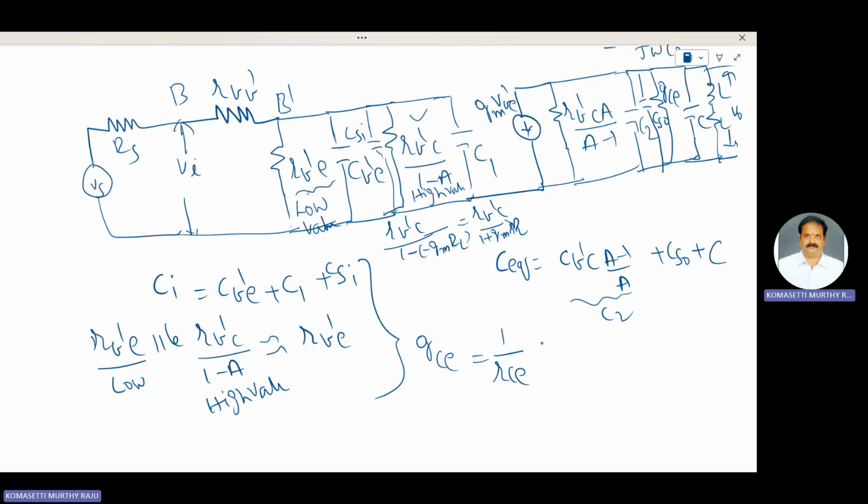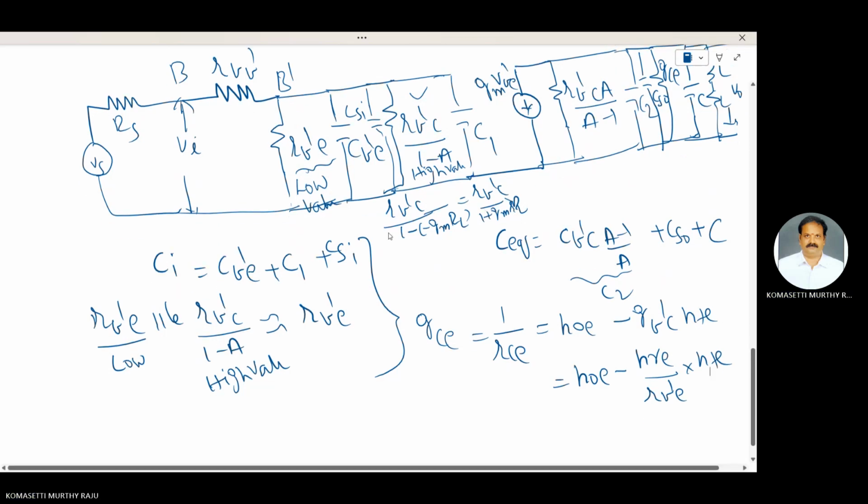We know that generally the formula is HOE minus GB'C HFE. HOE minus GB'C value is HRE by RB'E into HFE.